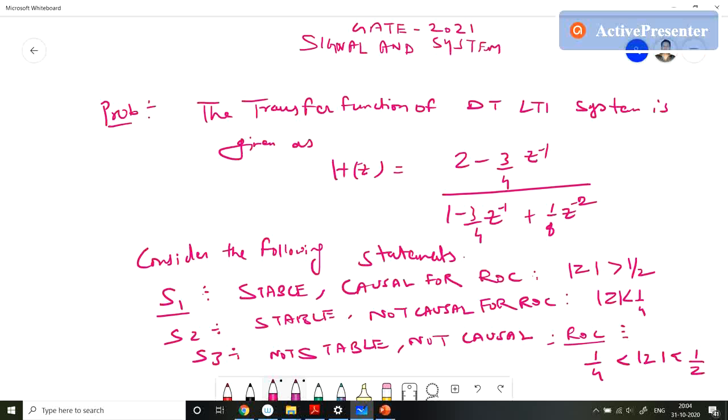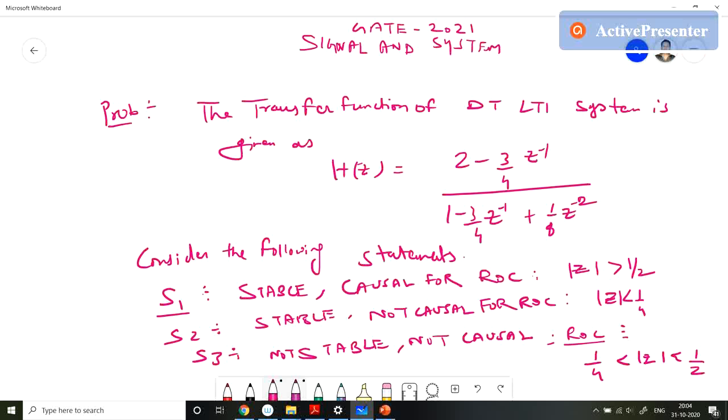So S1 is stable and causal for the given ROC. S2 is stable and not causal for ROC modulus z less than 1/4. And S3 is not stable, not causal, for ROC 1/4 less than modulus z less than 1/2. So these are the conditions that are provided.